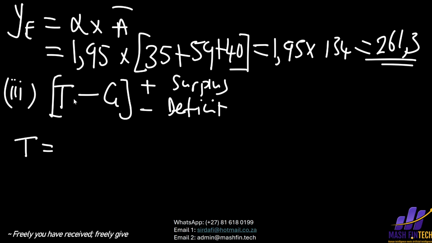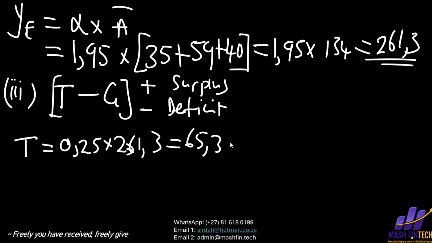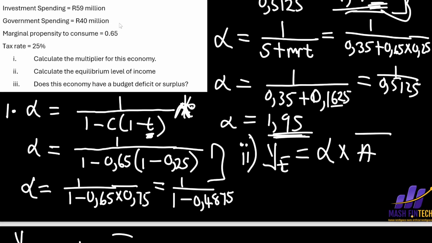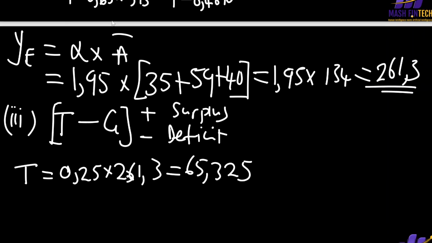The amount of money collected as taxes is 25% of the income, 261.3. So 261.3 times 25%, a quarter of this, it's 65.325. And then our government expenditure is 40 here. It's given. Government expenditure is 40.